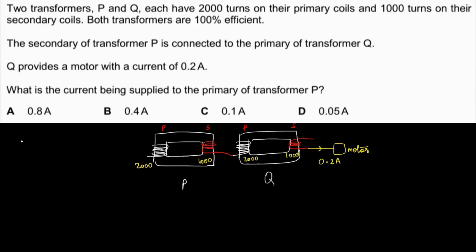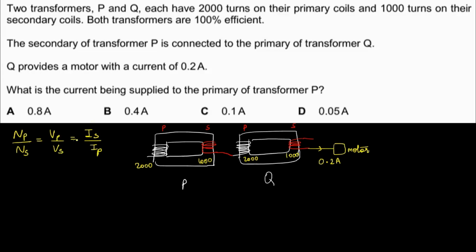Now we should know this important formula. Np upon Ns is equal to Vp upon Vs, which is equal to Is upon Ip. This is the number of turns in the primary coil divided by the number of turns in the secondary coil. This ratio is equal to voltage of primary divided by voltage of secondary, and this is equal to current in secondary divided by current in primary.